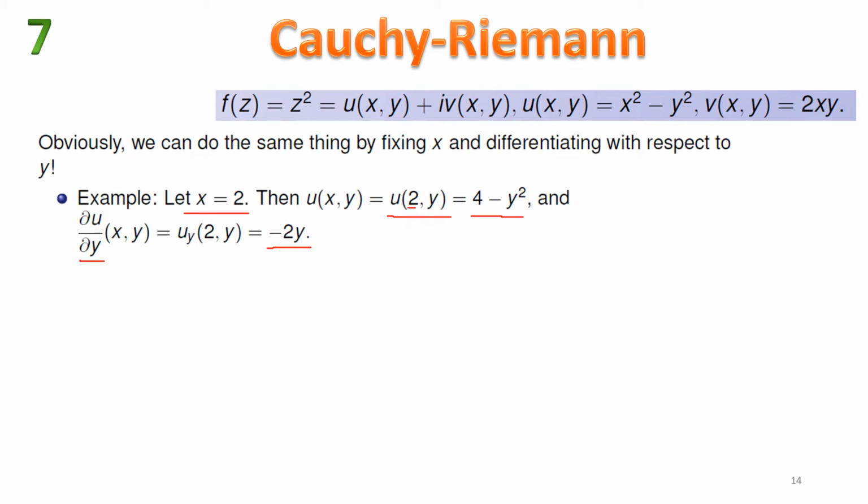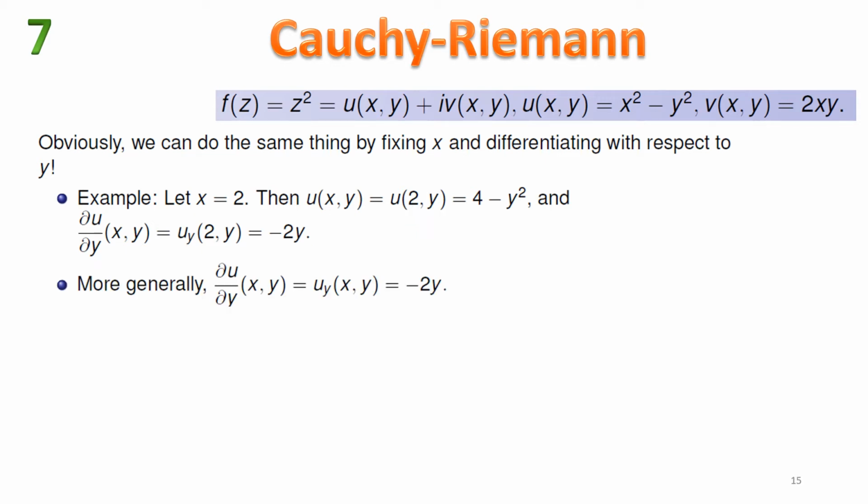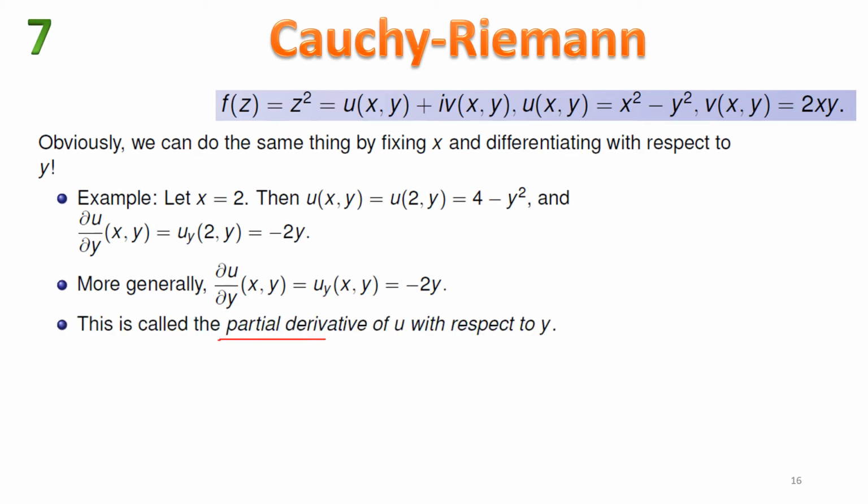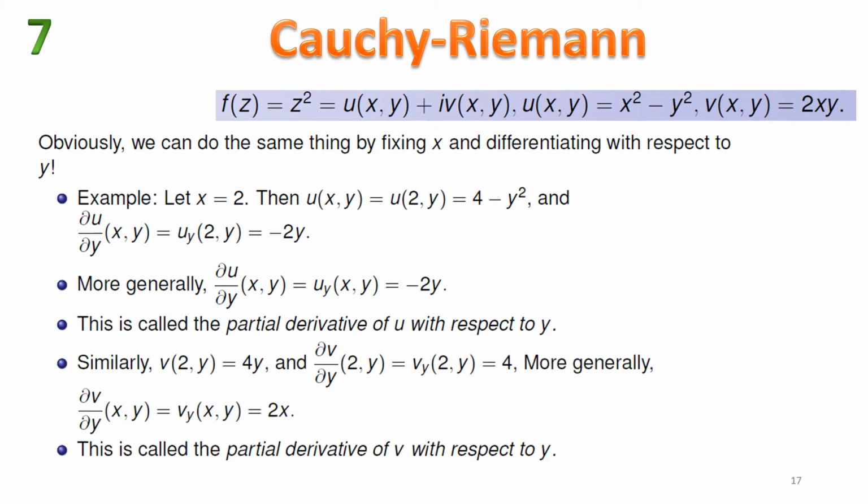So u suffix y represents the derivative of u with respect to y, and the value returned is minus 2y. So a more general notation I am going to use is del u by del y, which is u suffix y, that is equal to minus 2y, which is in fact called the partial derivative of u with respect to y.